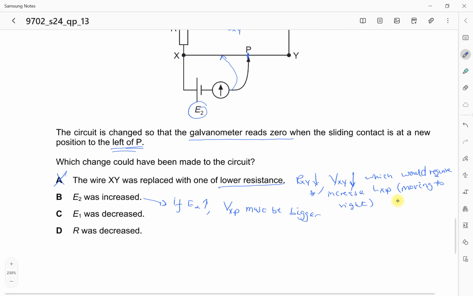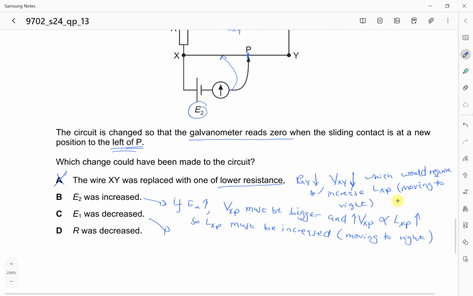And remember, the PD across XP is directly proportional to the length of XP. So if VP must become bigger, then LXP, L standing for length, must also be bigger, which also requires moving to the right. That would mean moving to the right.